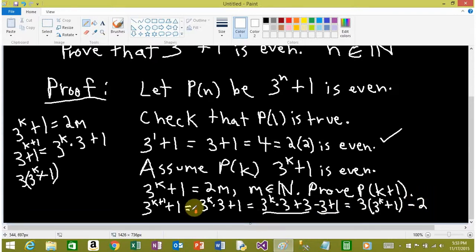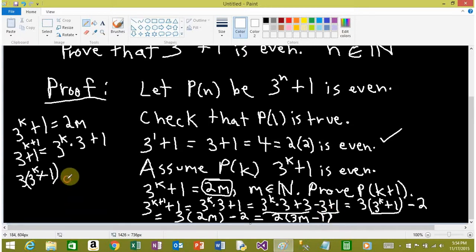And then if we just work down just a little bit below, we see that 3 to the k plus 1, we can replace that with 2m, right? Because we know that's even. So we have 3 times 2m minus 2. And that's going to be equal to, and then we can factor out 2 and see we get 2 times 3m minus 1.